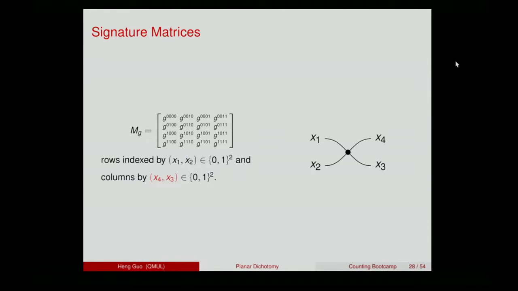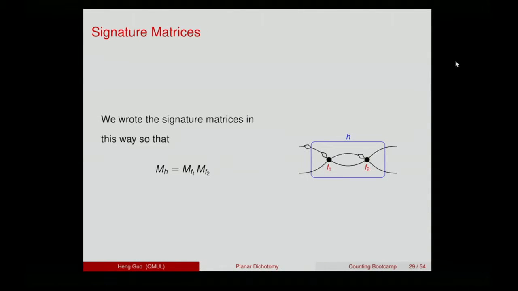This is easier to understand with a picture. We list the variables counterclockwise, and we label them this way so that when we concatenate two such functions, the resulting function has a matrix which is just the product of the two matrices.